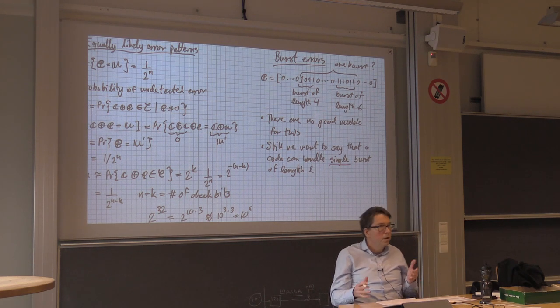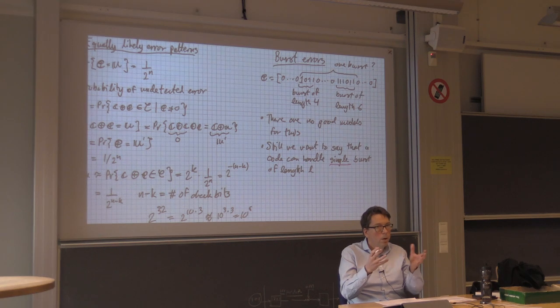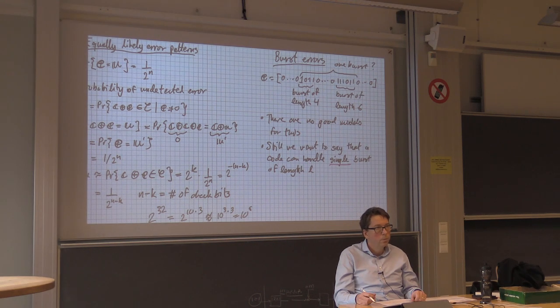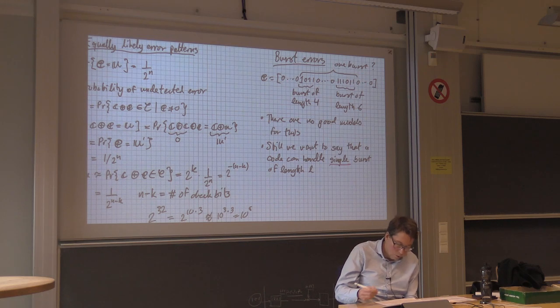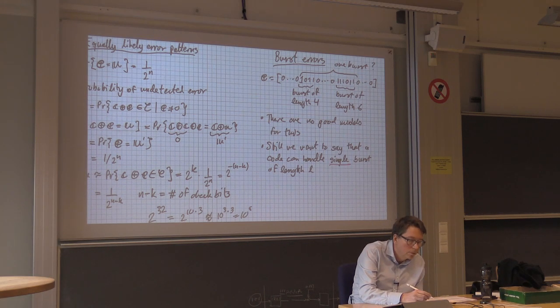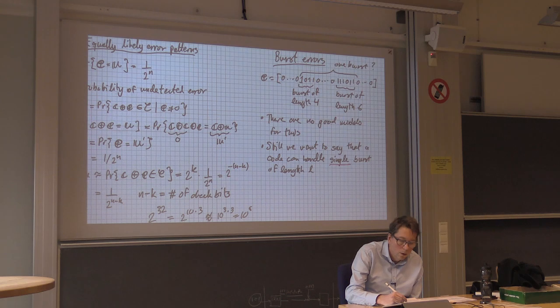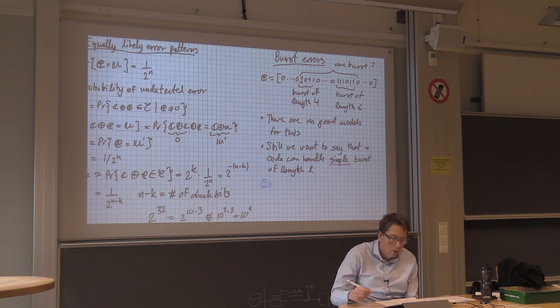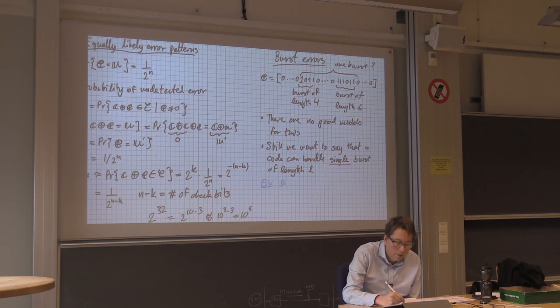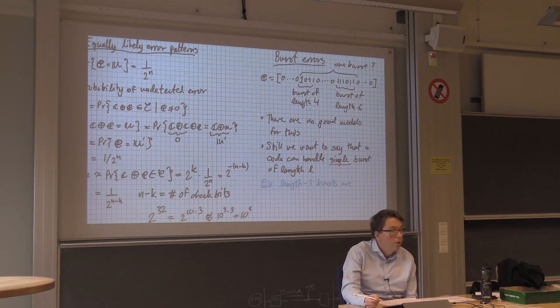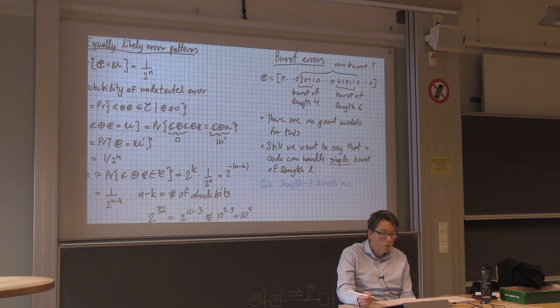With single burst, I mean that there is only one burst error in the code word. So if we make an example here, length 3 bursts are then 3 bits.